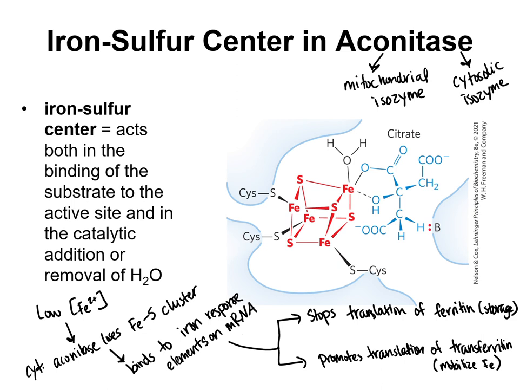So you stop storing iron, you bring iron out. Once iron levels have been restored, then you'll have rebinding of that iron sulfur center, and you'll have your cytosolic aconitase activity restored. So that's kind of a brief aside. It's not central to the citric acid cycle, which is what we're talking about here.